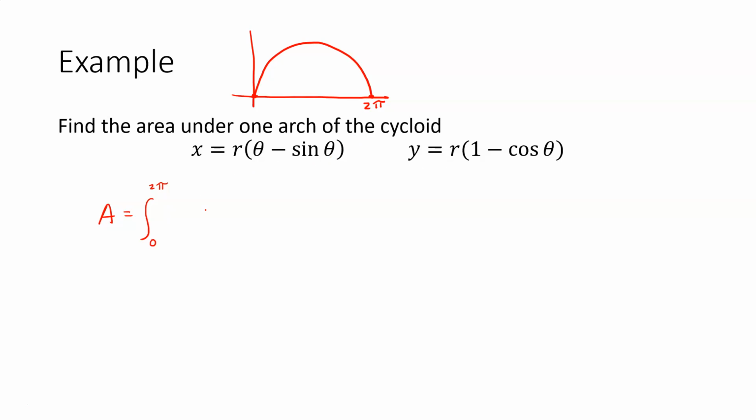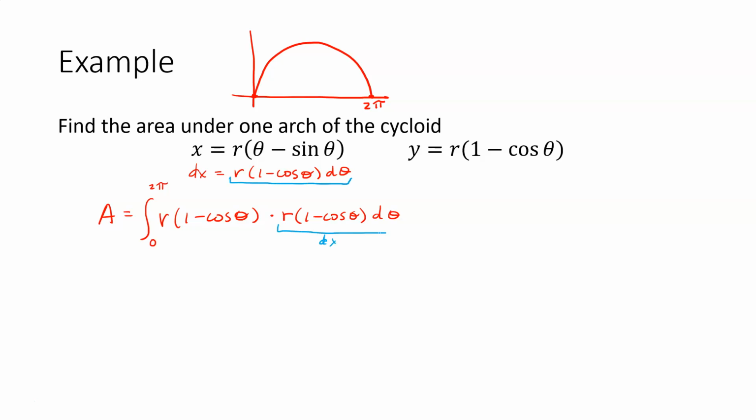Our y equation was r times (1 minus cosine theta) times the derivative of the x equation. So this is x, so dx would be r times (1 minus cosine theta) d theta. Okay, so you see this is what we're inserting here for dx. And this is what we're inserting here for y.